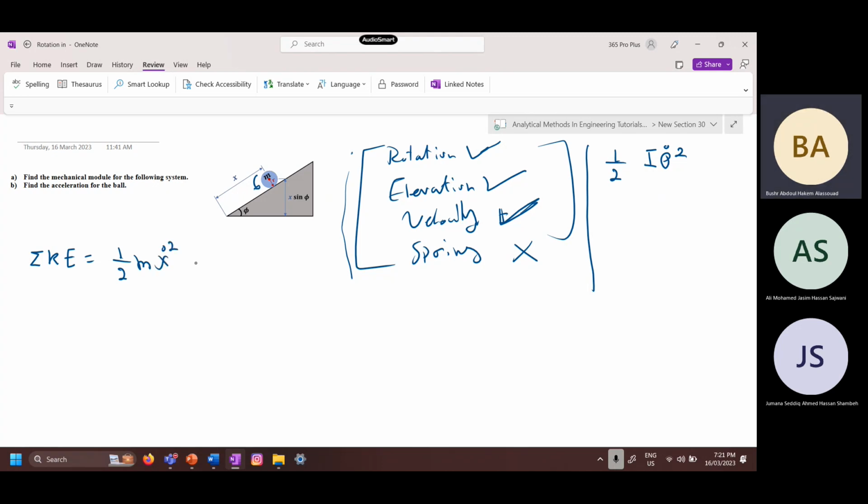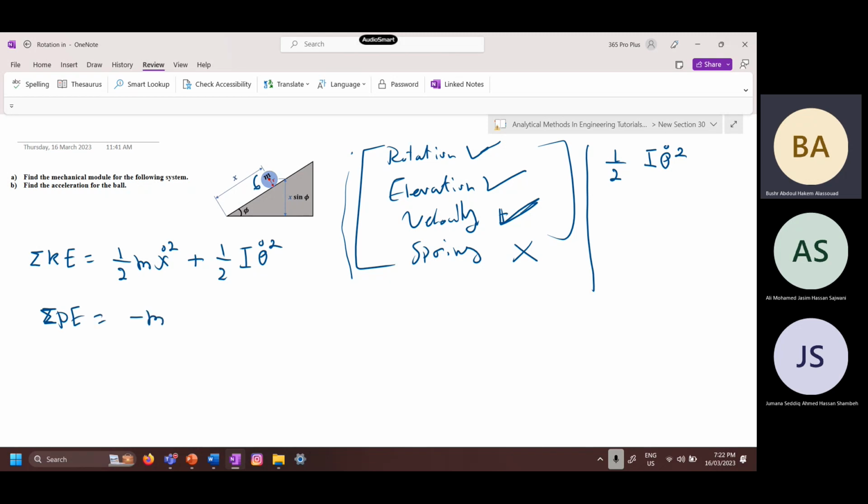As for the rotating object, you get plus half I theta dot squared. I represents the inertia of the object, the resistance of an object to rotate or to stop in general. That's the kinetic energy formula.